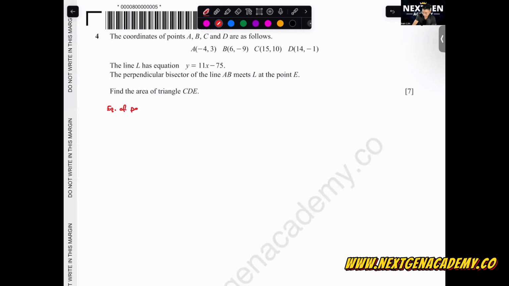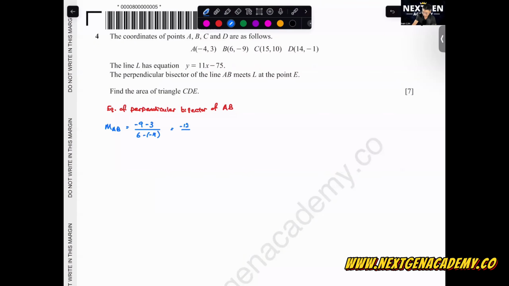Equation of the perpendicular bisector of AB. Okay, let's find the gradient of AB first. M AB is y2 minus y1, so minus 9 minus 3 over 6 minus 4.